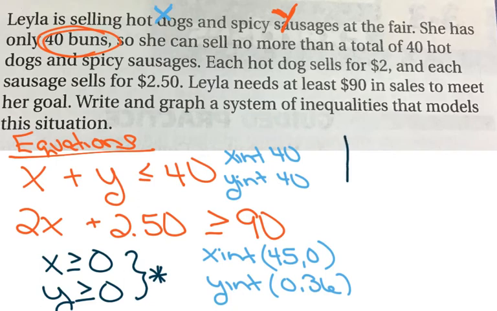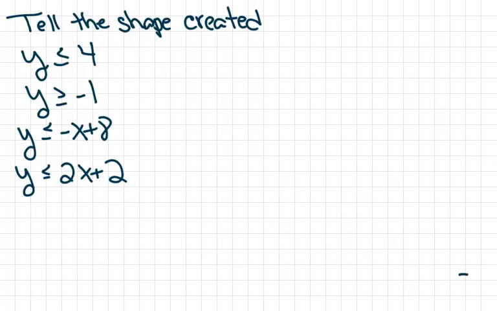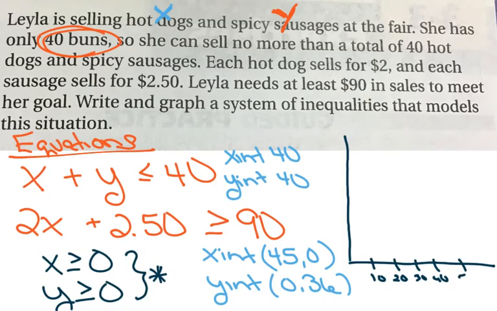All right, so when I go to make my graph on here, it'd probably look nicer if you had graph paper. X-intercept needs to get up to at least 45, so I think I'll go 10, 20, 30, 40, 50. Put my scale on there. Now, one thing to keep in mind, this is our hot dogs. So I'm going to put hot dogs.